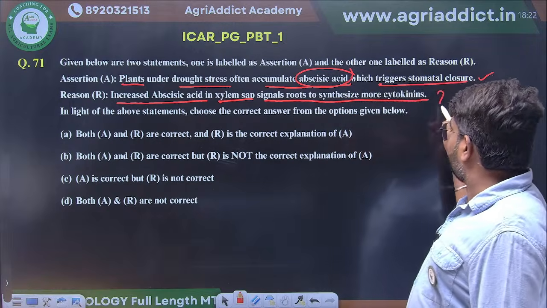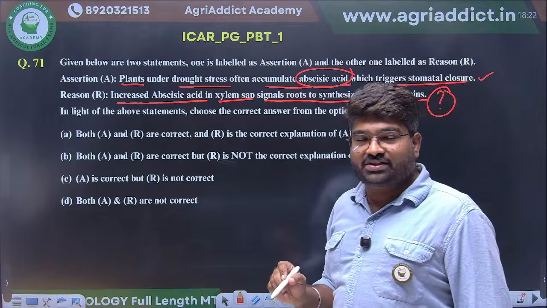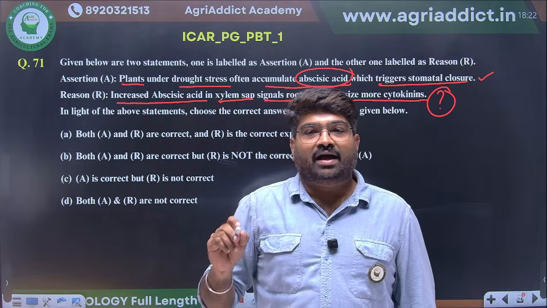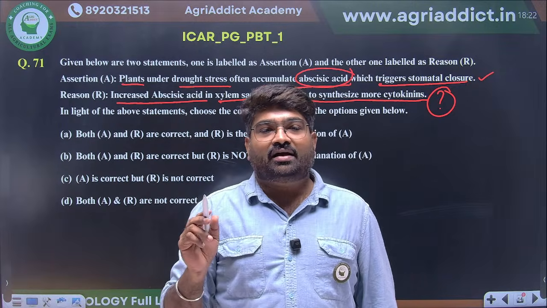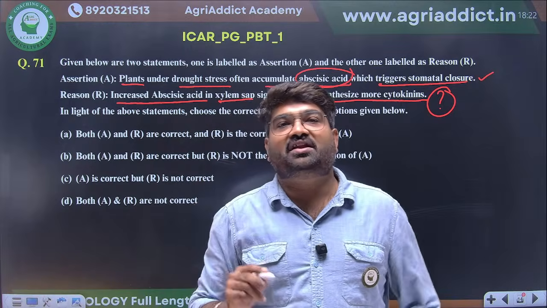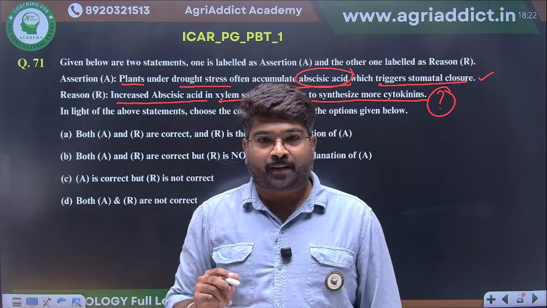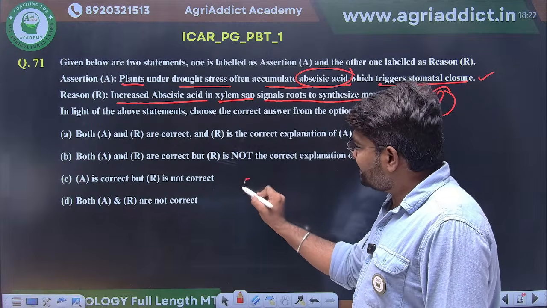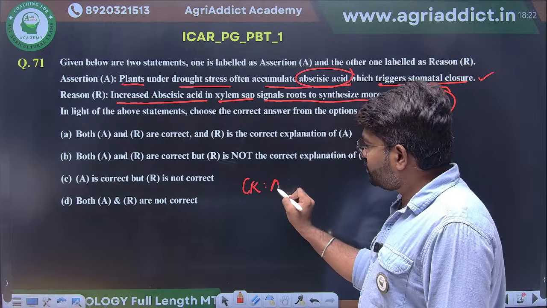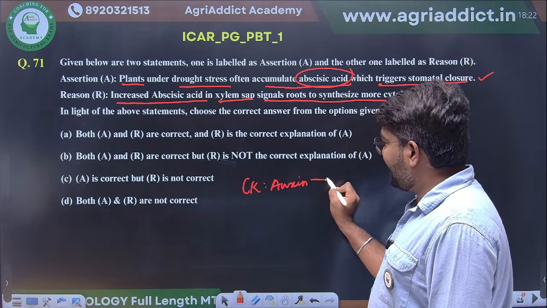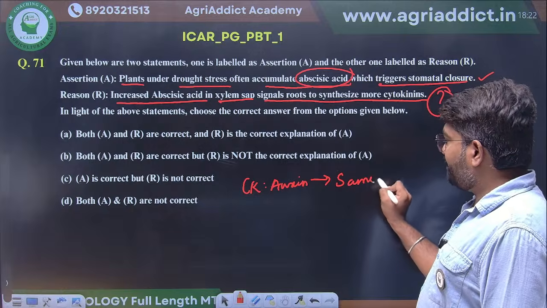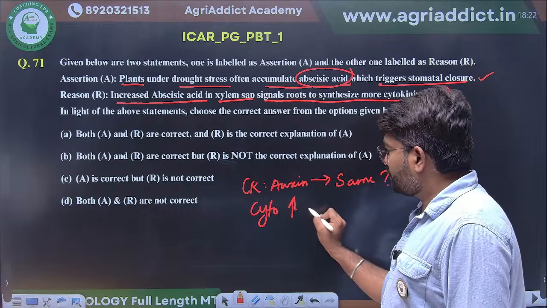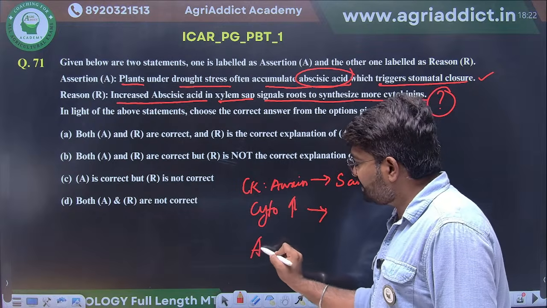Whether this is correct? Before going to this concept, in our hormone lecture I taught about the role of the auxin and cytokinin ratio in morphogenesis. Can anyone explain what will happen when the cytokinin and auxin ratio are the same, when cytokinin is more, and when auxin is more?